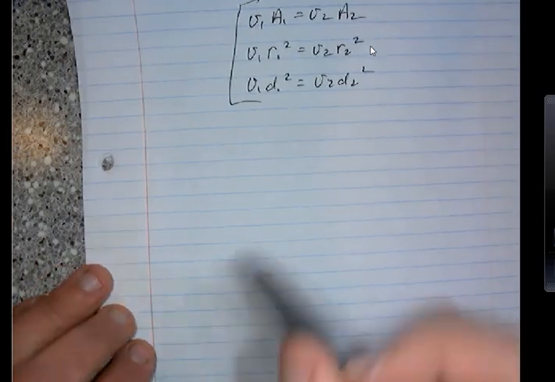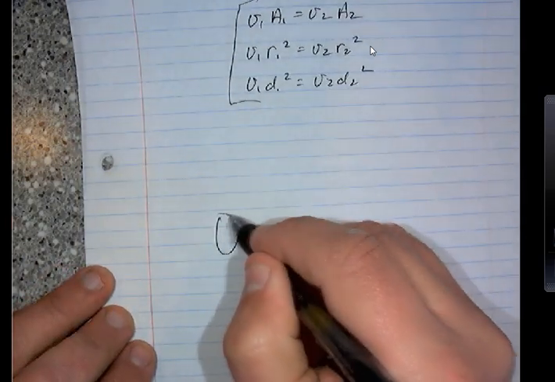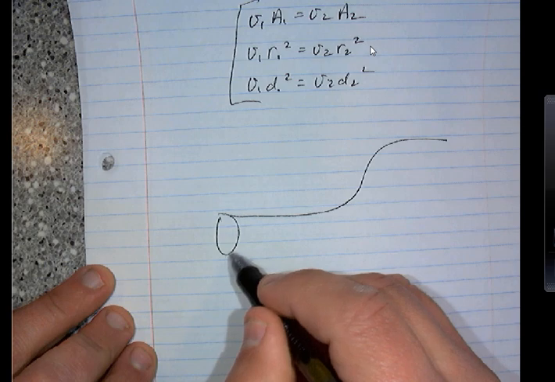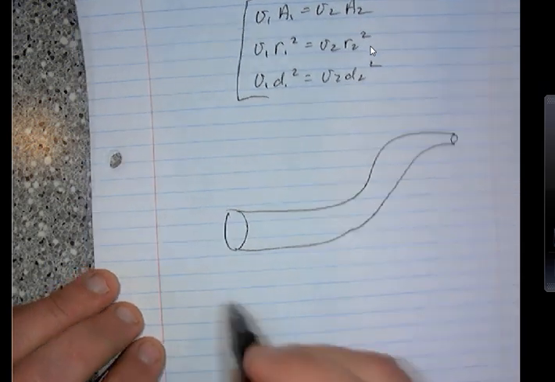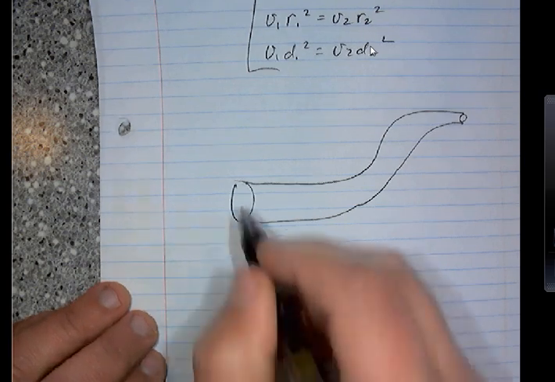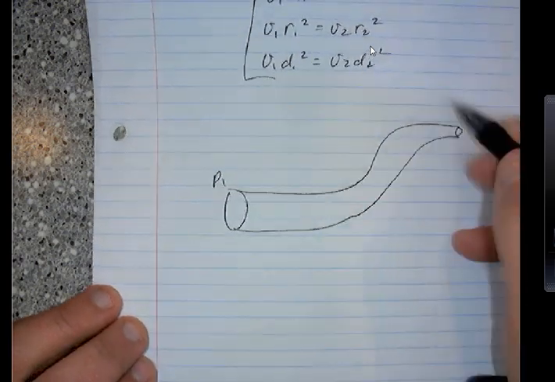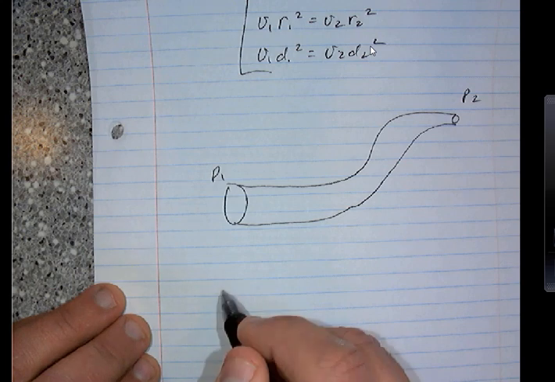We also had Bernoulli's equation, and we did some examples in class. Maybe it even gets narrower here. So Bernoulli's equation was, let me call this pressure 1 and this pressure 2.